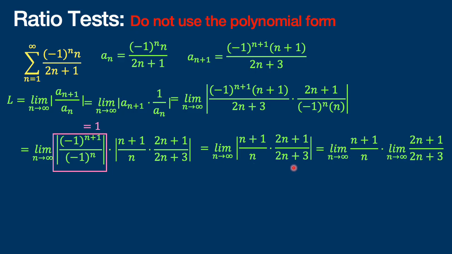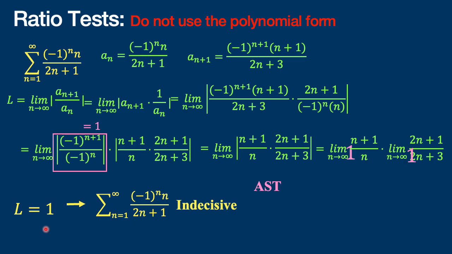You can drop that part and find the limit of each term. You can use L'Hopital for each limit. The first one goes to 1, the second goes to 1, so L is going to be 1. When L is 1, we cannot decide if this series converges or diverges. But if you use the alternating series test, we know this series converges.